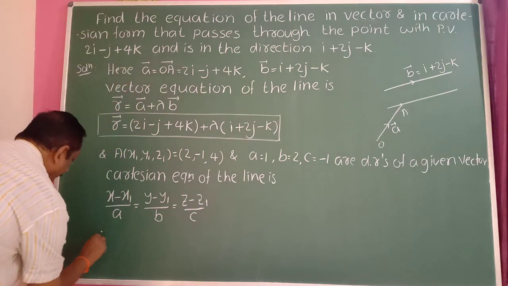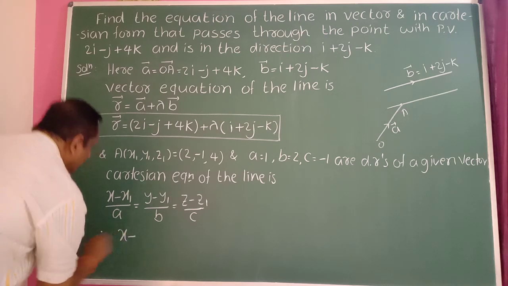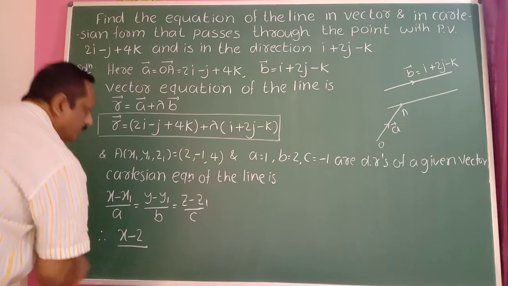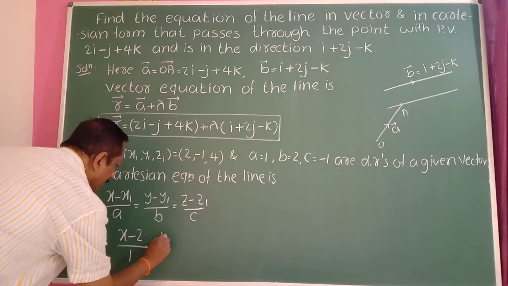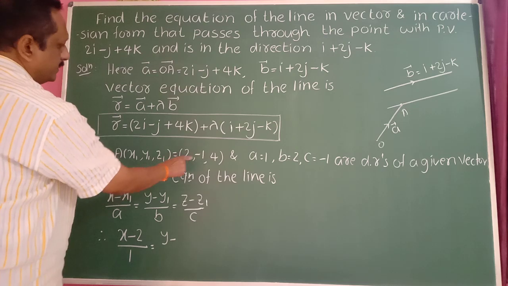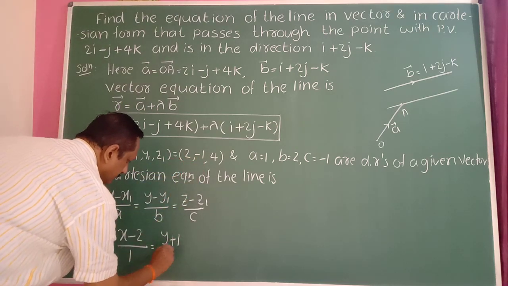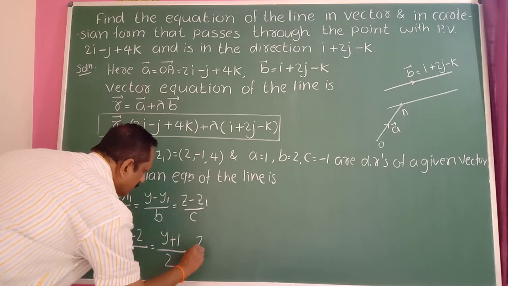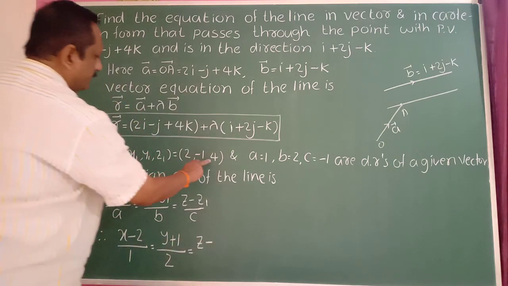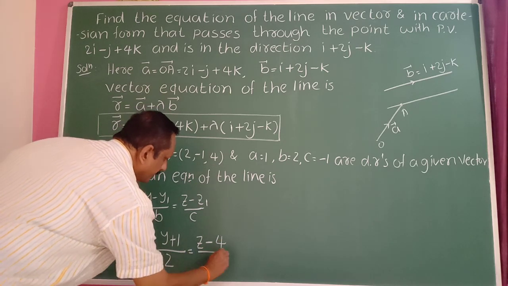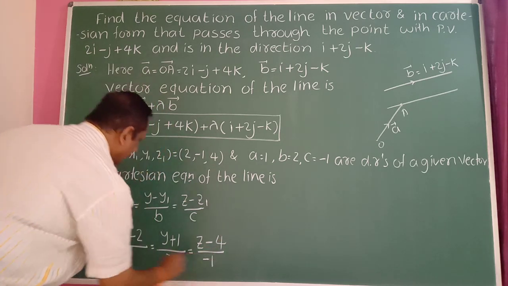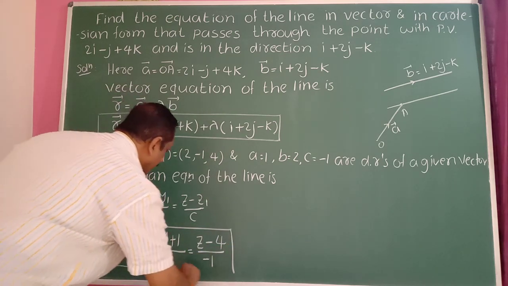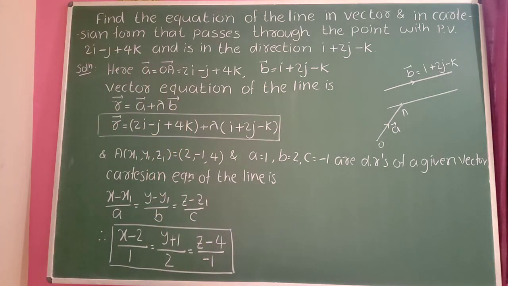Therefore x minus x1 is x minus 2, divided by a value 1, that is equal to y minus y1 is y minus of minus 1, becomes plus 1, divided by b value is 2, that is equal to z minus z1 is z minus 4, divided by c value is minus 1. So this is the Cartesian equation of the line.